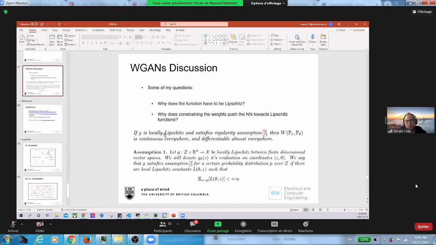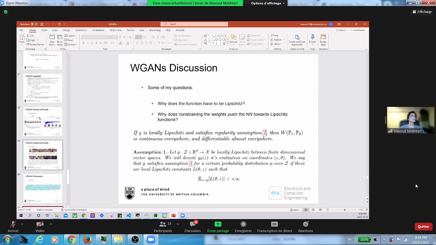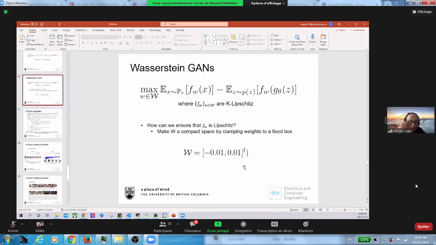So you can do this analysis recursively to show that if you constrain the weights to be in, I think they put in a hypercube, right? It's from minus k to k, some constant k. It's sort of like a hypercube. You can do the analysis recursively to show that this bounds the Lipschitz constant.